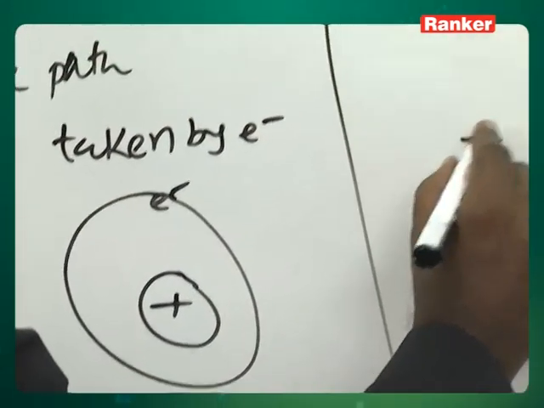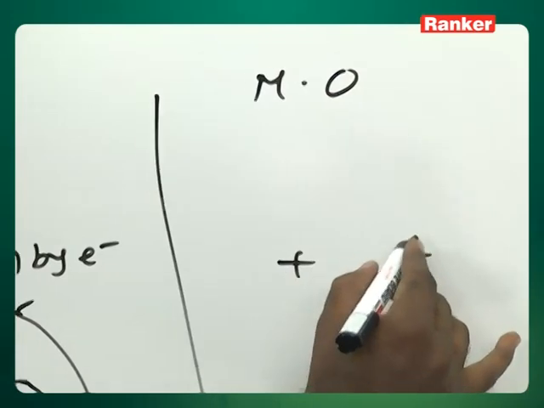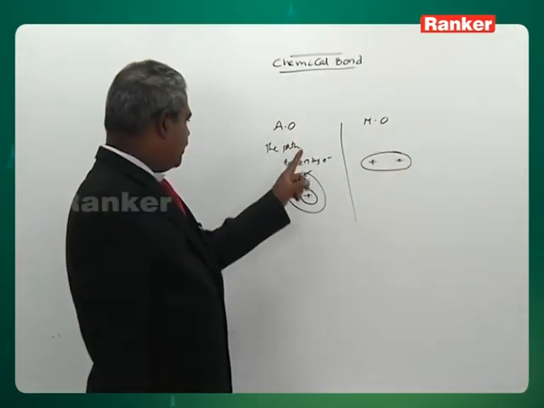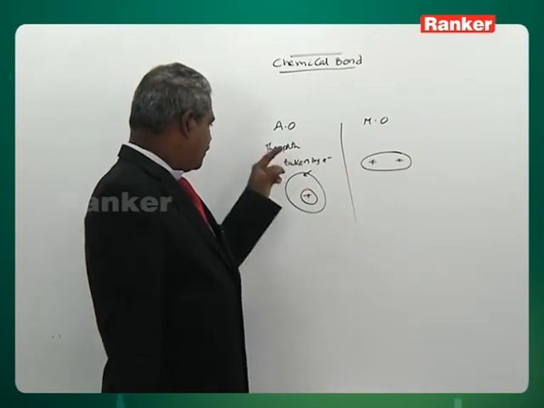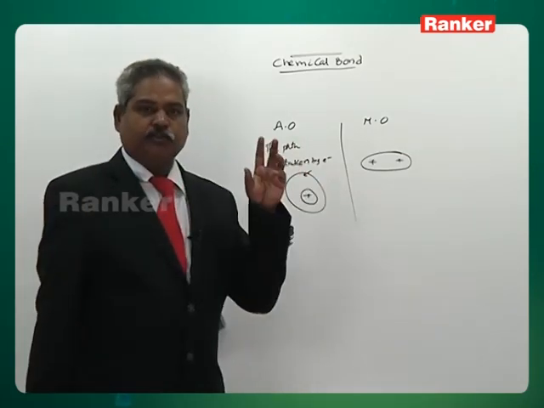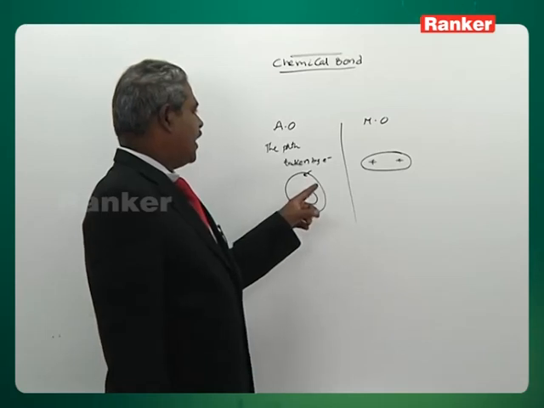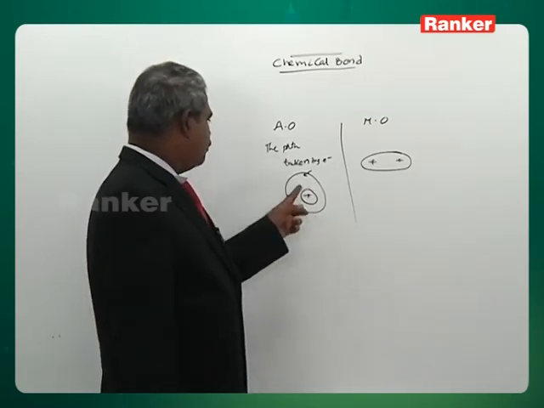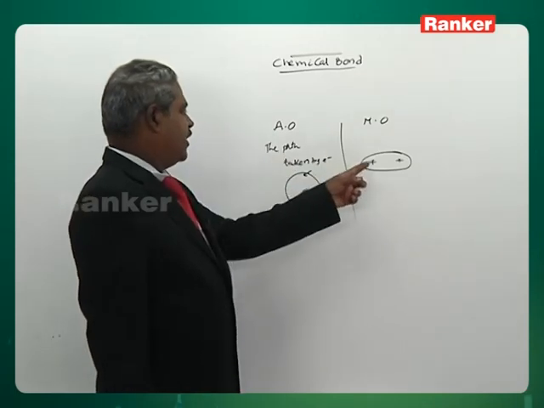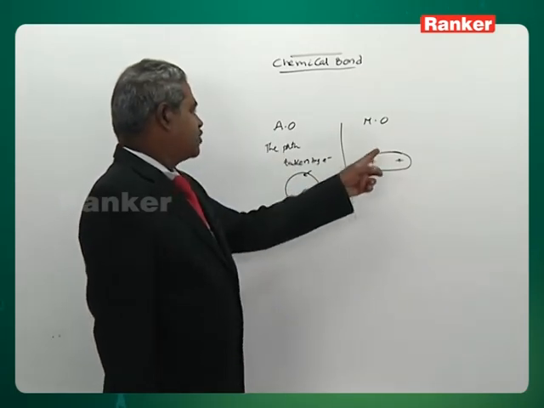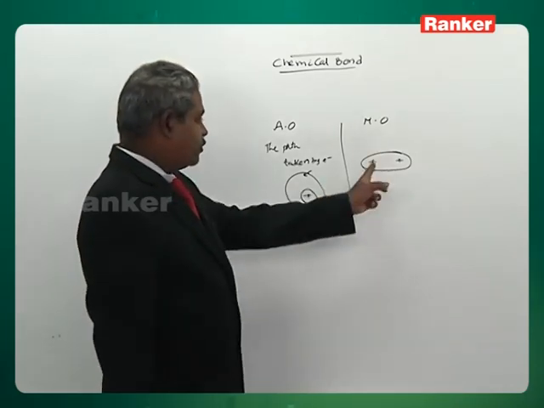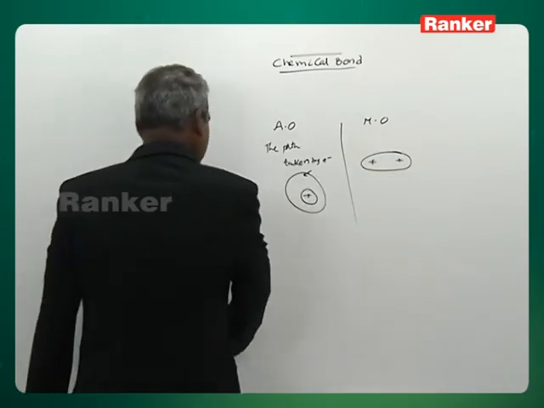Here it is the path taken by an electron around two nuclei. This is a molecular orbital. An atomic orbital means where exactly the electron is present when one nucleus is acting on it. Where two nuclei act, it is called a molecular orbital. So the electron is now attracted by two nuclei, so it is a molecular orbital.